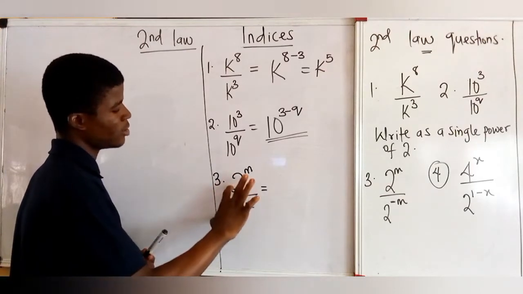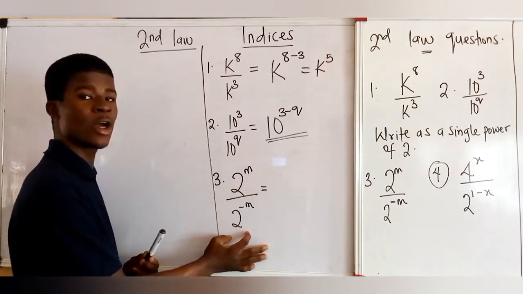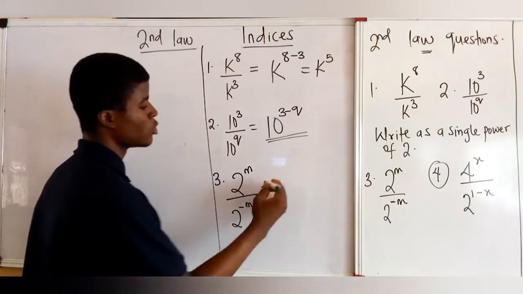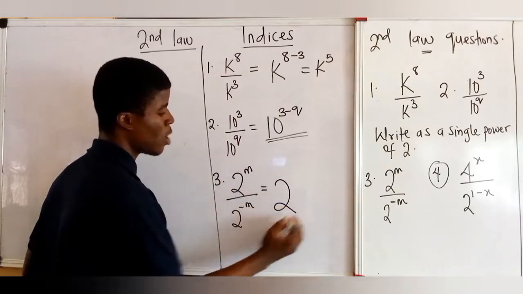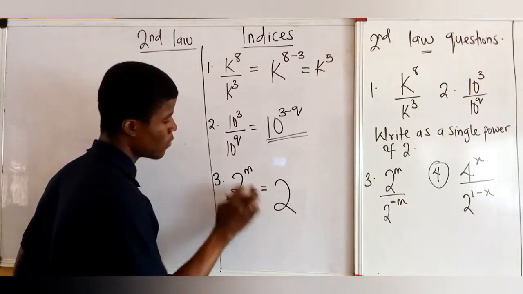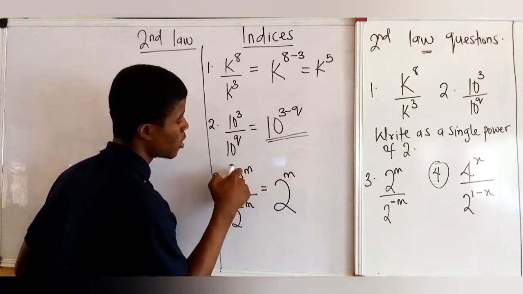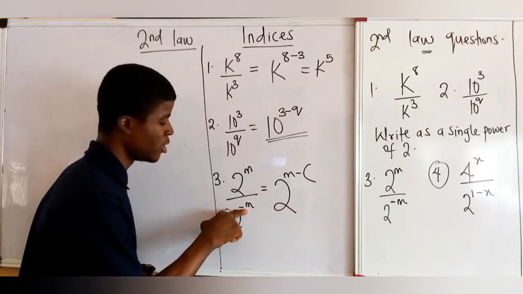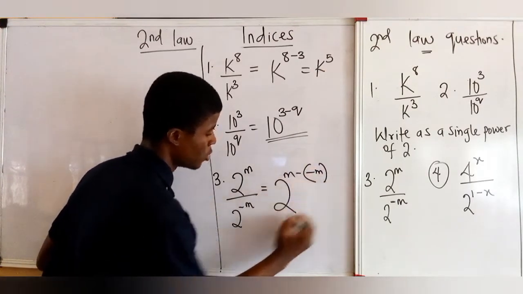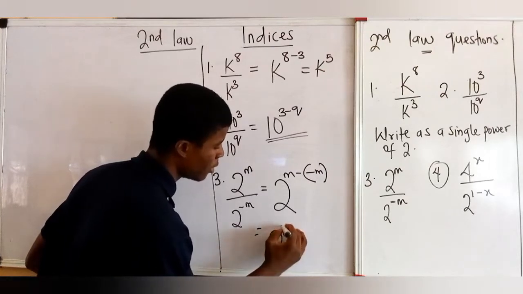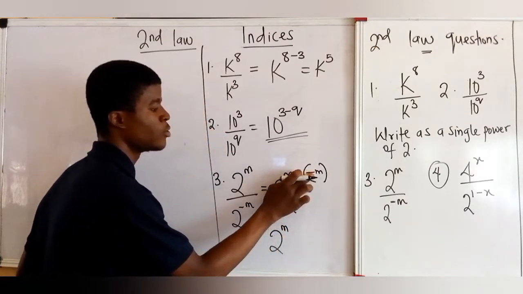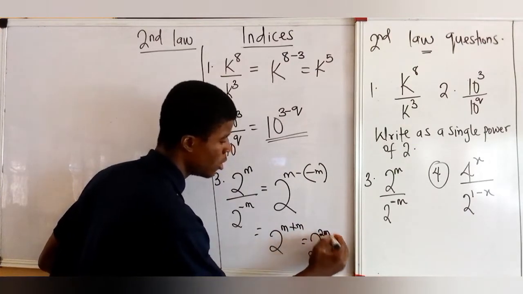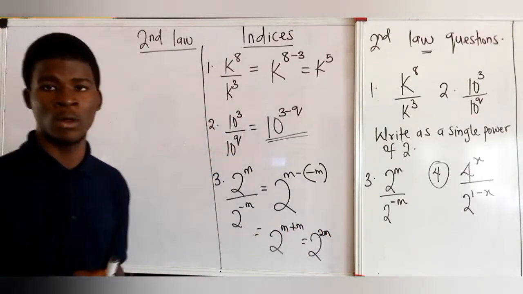The first term is dividing the second one, and they have the same base, 2 and 2. So based on this law, pick one base, subtract the second power from the first. That's m minus negative m. So this is now equal to what? 2 to the power of m, negative distribute here, I have positive m. So this is 2 to the power of 2m. So this is what I've got.